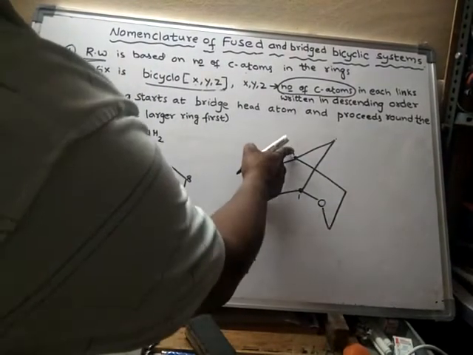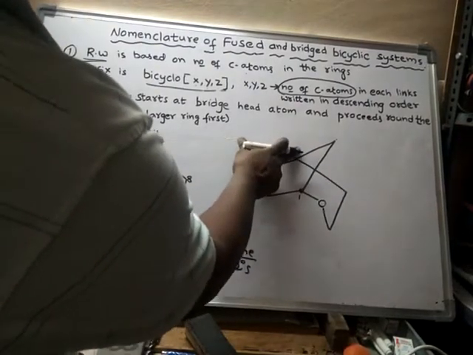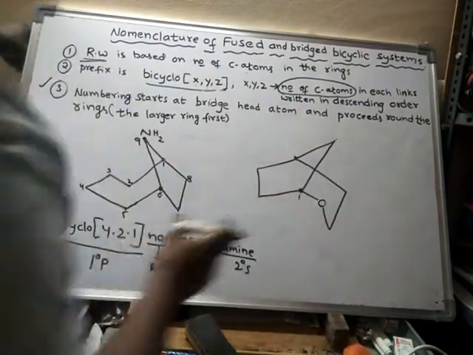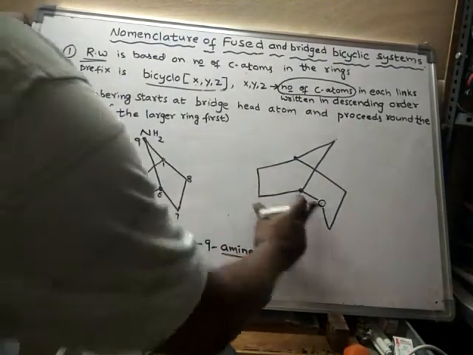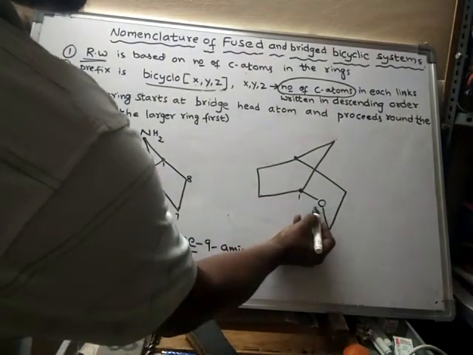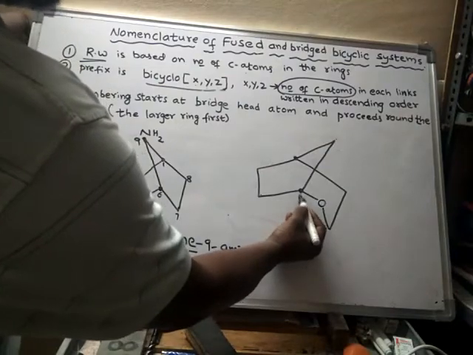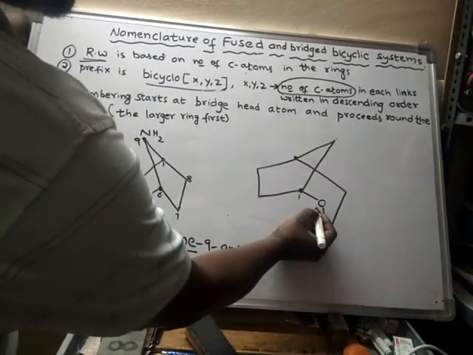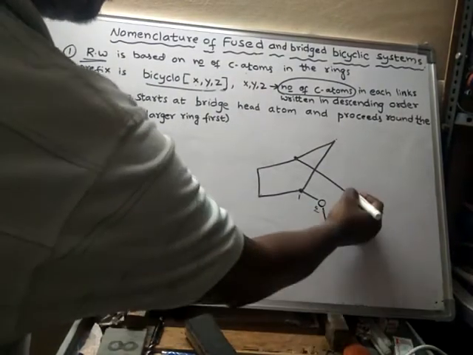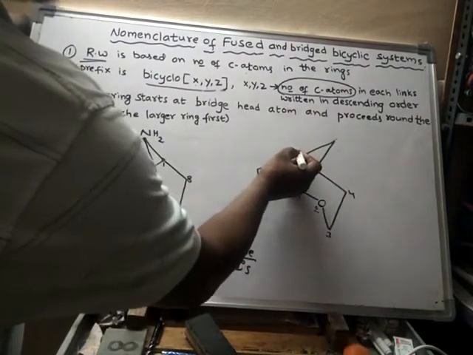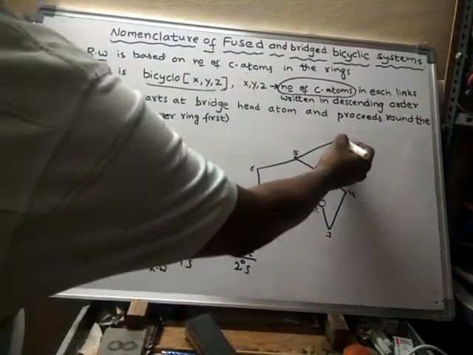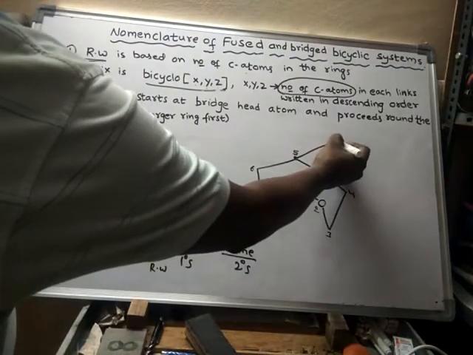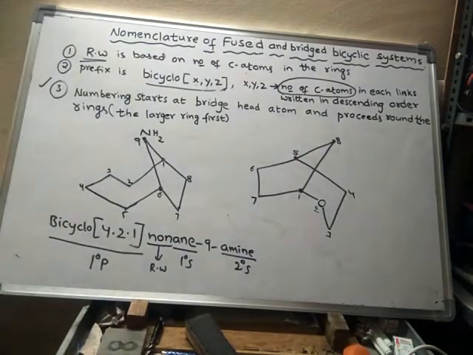Here we have to give numbering such that the lowest possible number is given to the substituent. So this will be the first carbon, number 1, and this will get number 2, then third, fourth, fifth, sixth, seventh, and this will be the 8th. So numbering is given like this.